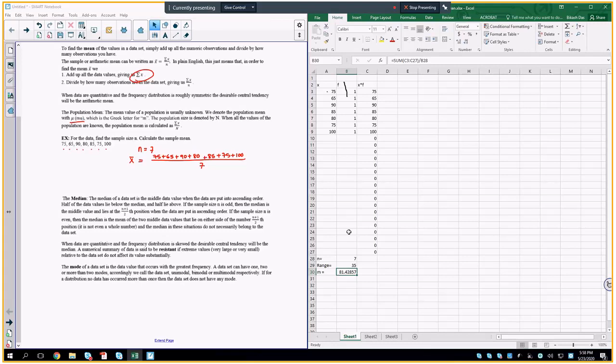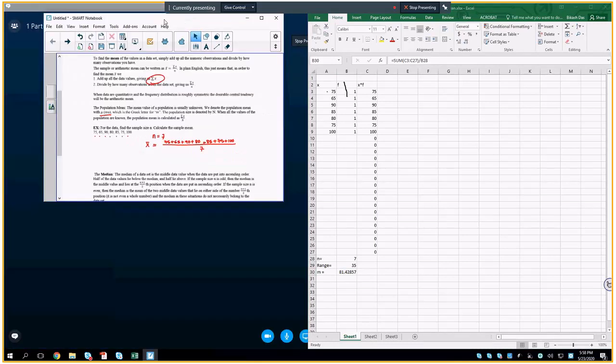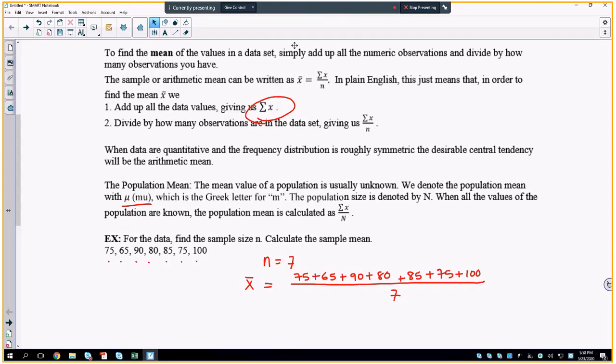So he has called it M here in this spreadsheet, but this is the number you're going to use for X bar. So our mean is 81.4286. Usually we'll round to 4 decimal places in this class. So 81.4286. That's going to be the answer to my question.